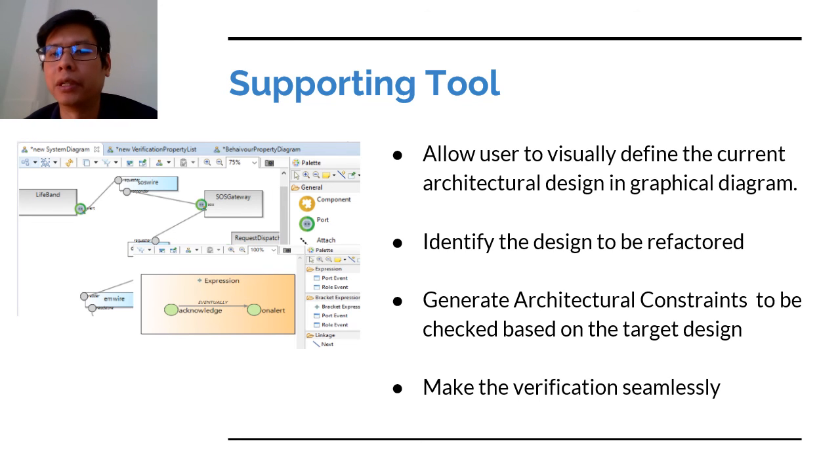We have implemented our approach in a supporting tool called Arc Modeler. This Arc Modeler allows the user to visually define the architecture design in a graphical diagram, and also identify the design to be refactored, generate the architectural constraints according to the pattern, and also make the verification. So all can be done in this graphical user interface.